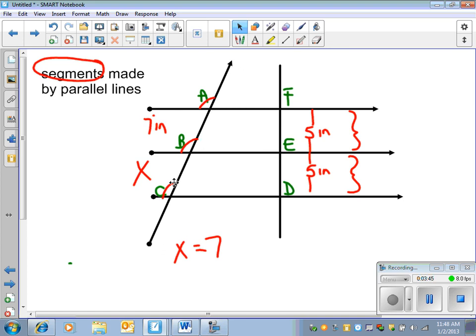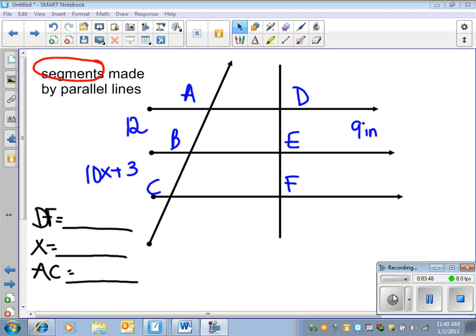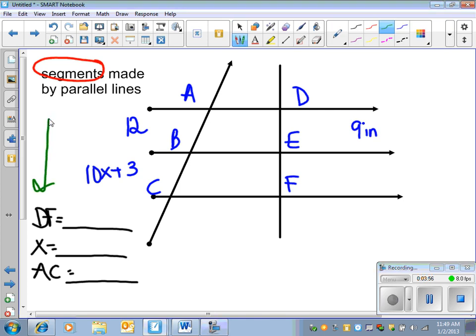How can we use this? Okay, segments made by parallel lines. Here are some applications. Down here, folks, you can clearly see that the three questions are: what is DF? Without a bar, we say that's the distance or the length of the segment DF.